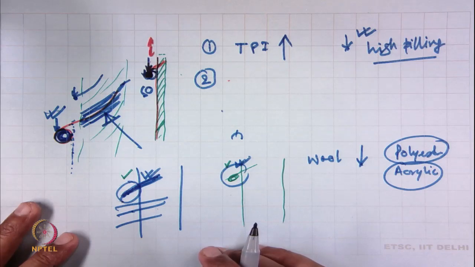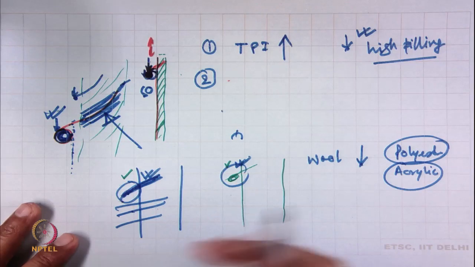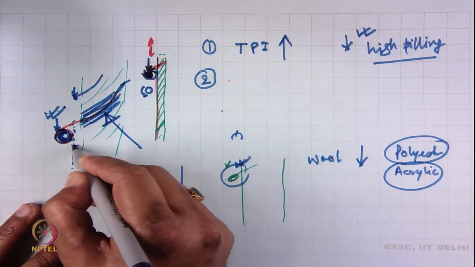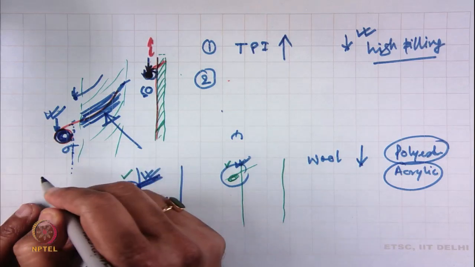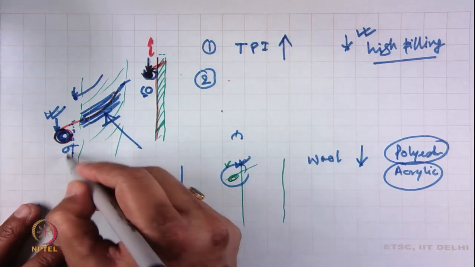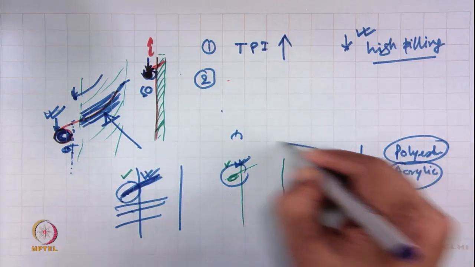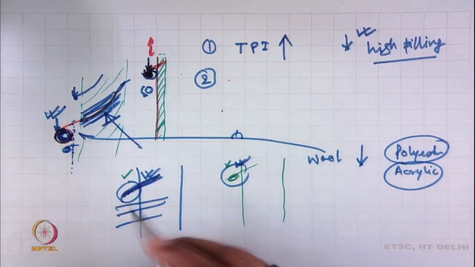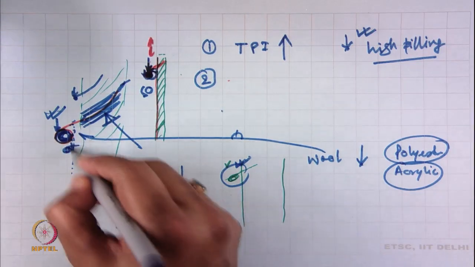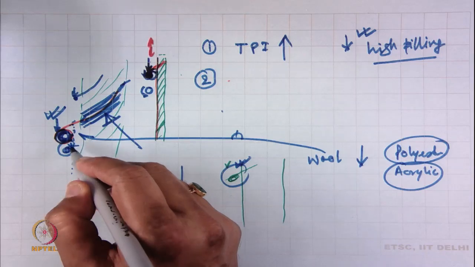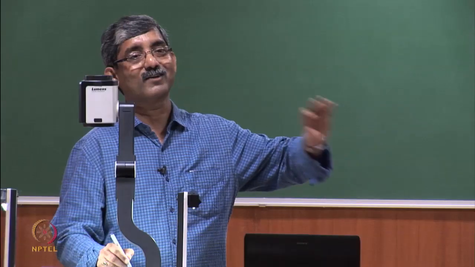So, the problem is that in case of wool, once it is folding, suppose it somehow folds in the initial stage, due to less bending strength, okay, lateral strength, this will actually break and get separated from the structure.